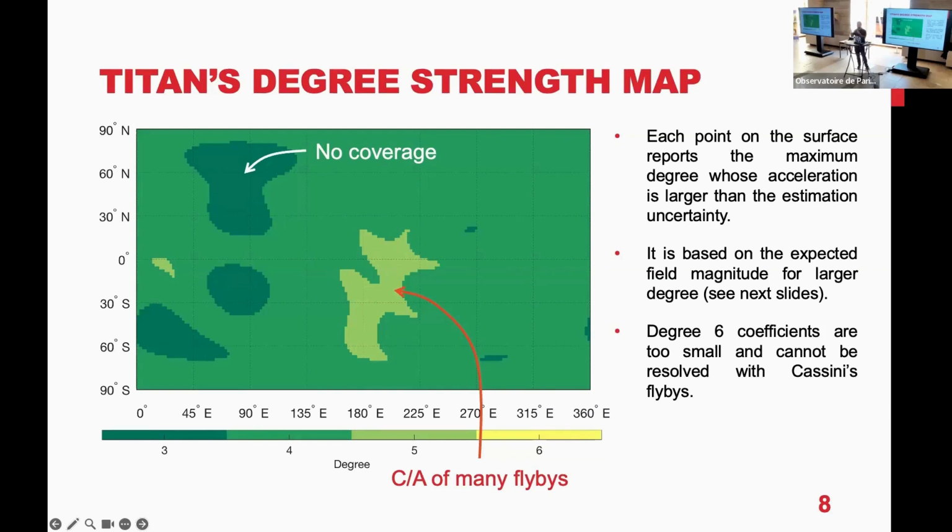So this means, as I said, that degree 5 resolution is achievable only in that particular region of the moon, but not supported on the whole moon. From this map, you can also see that the degree 6 coefficients are not observable with Cassini data, and that's the reason why we stopped our analysis at degree 5.